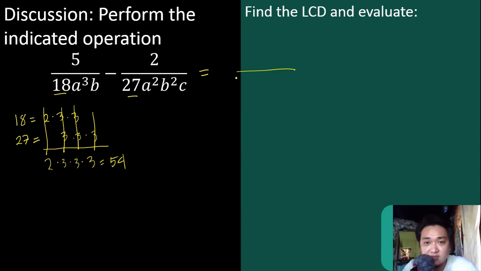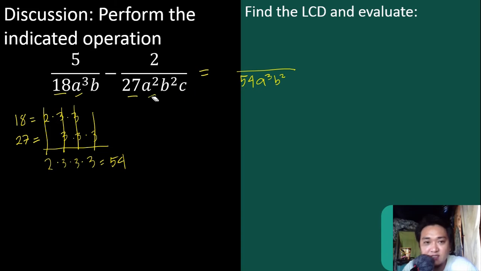How about for the variables? Let's say we have here 54, and then what will be the least common denominator between a cubed and a squared? Of course, we will choose the biggest. That will be a cubed. Then, for b, we have b squared. And we also have c.